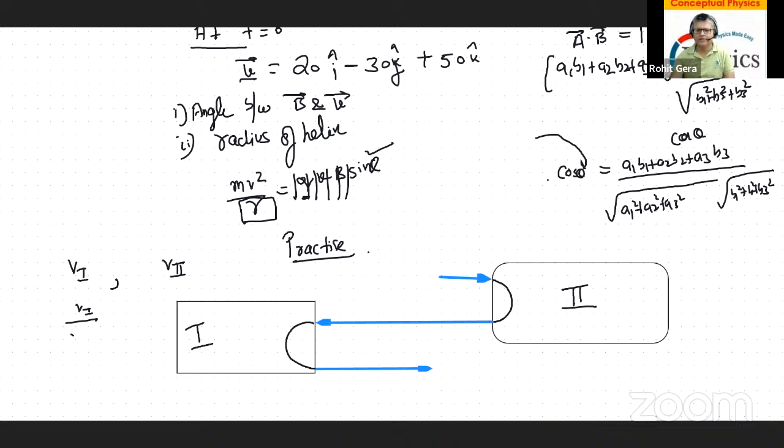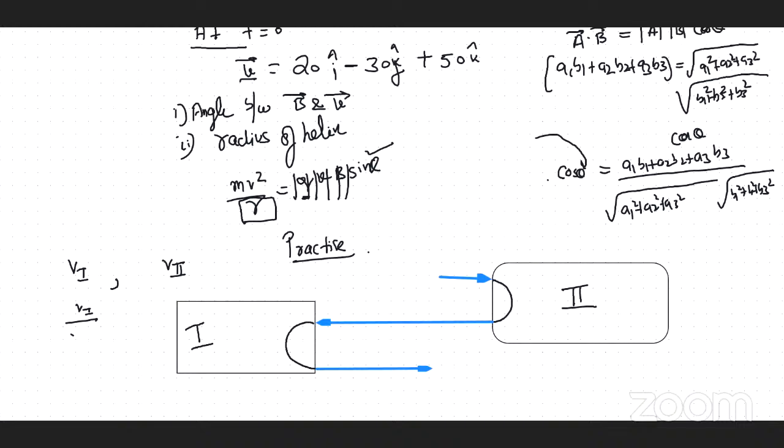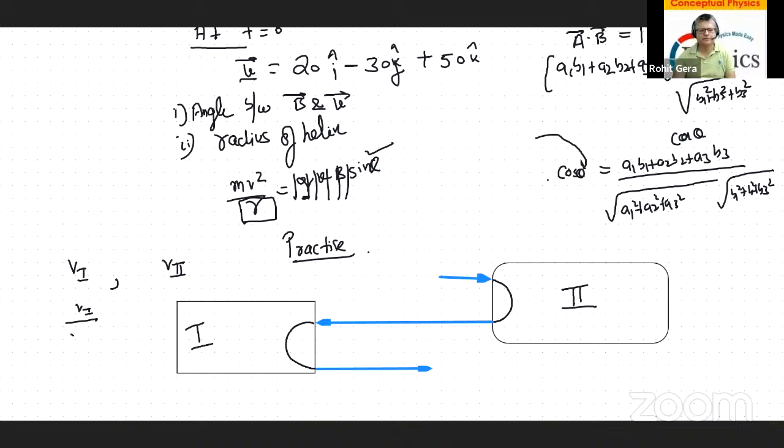Let me write this a little more clearly. So this is called momentum, and you know the radius is. Tell me. How do you propose to?